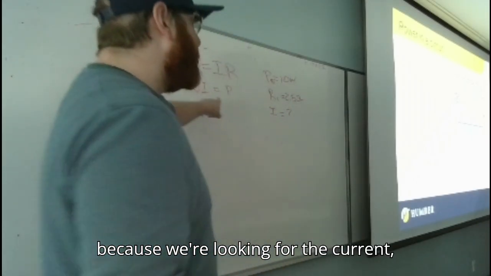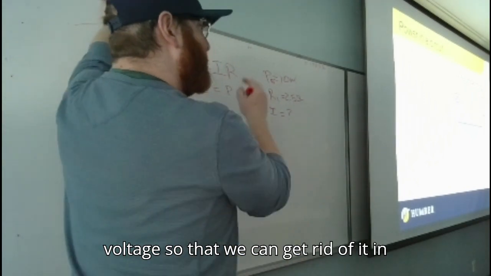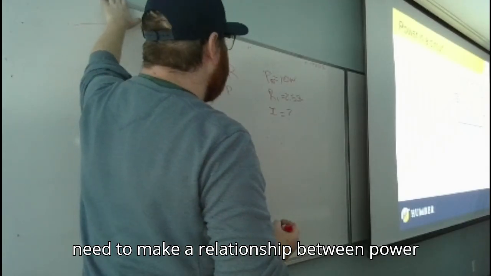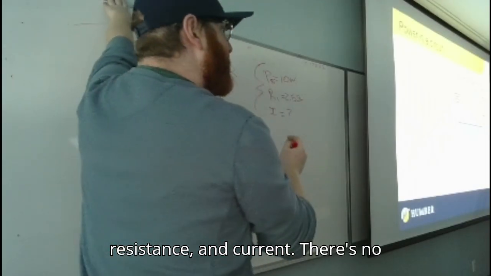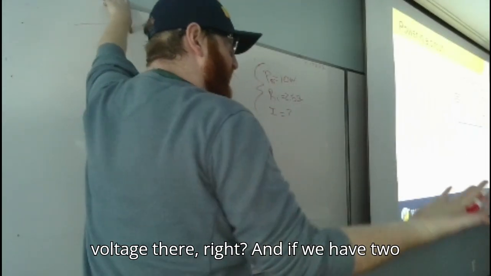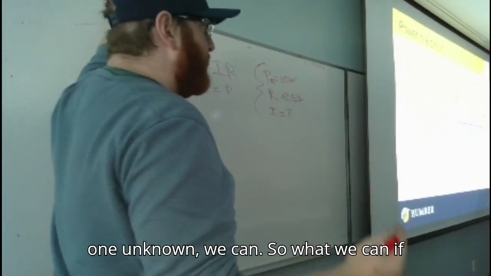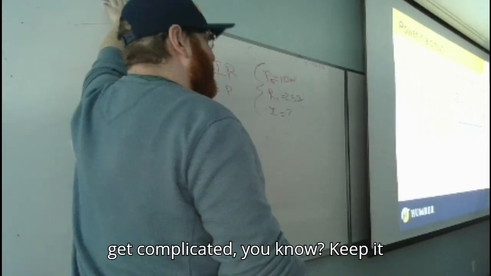So because we're looking for the current, we want to isolate voltage so that we can get rid of it in the second equation, right? Because we need to make a relationship between power, resistance, and current. There's no voltage there, right? And if we have two unknowns, we can't solve, but if we have one unknown, we can. Well, we can if we have multiple equations, but let's not get complicated.